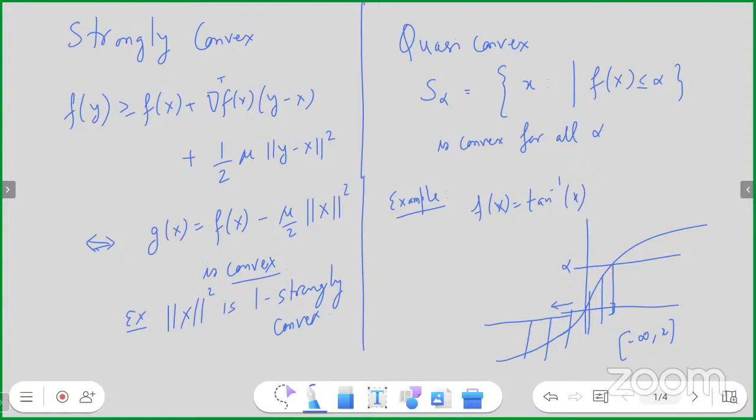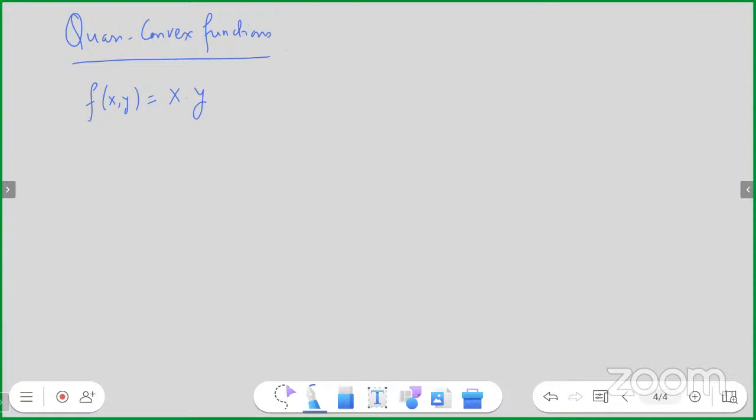How about x times y? What did we show? What kind of function is this?